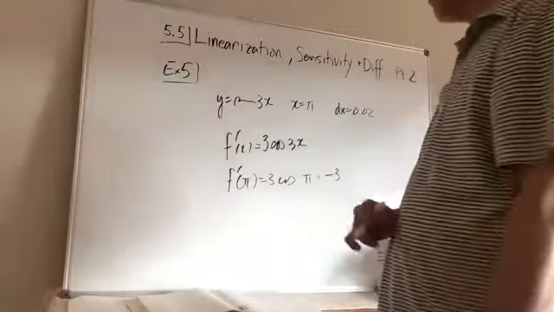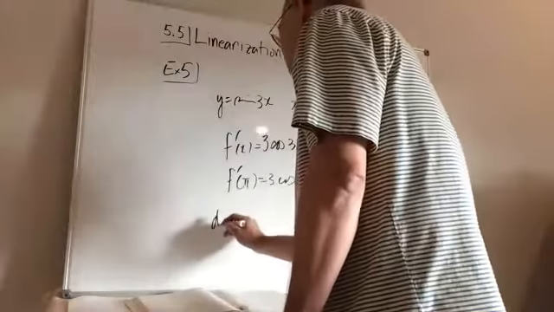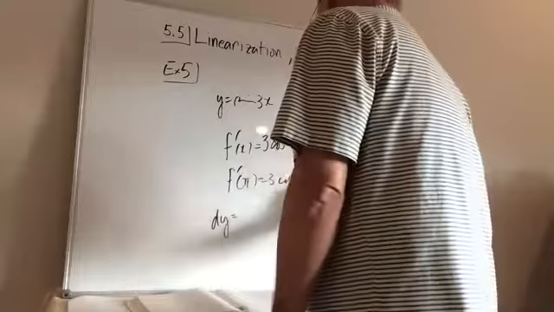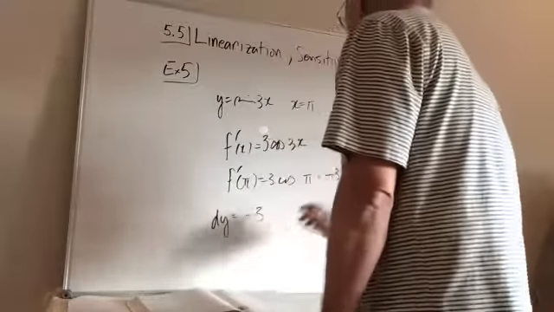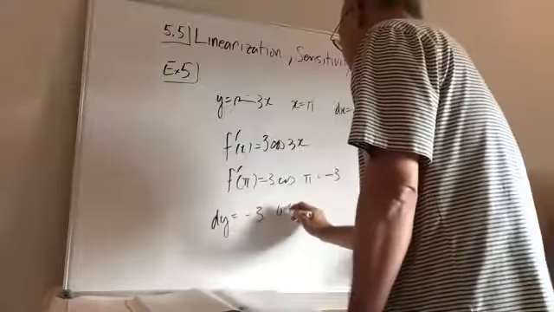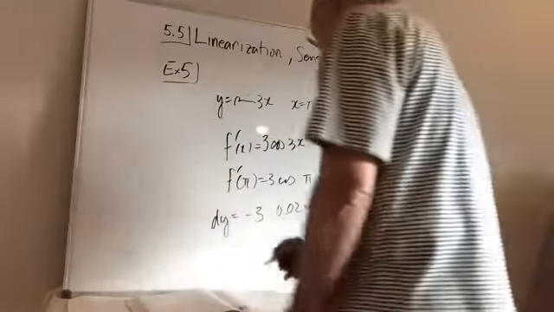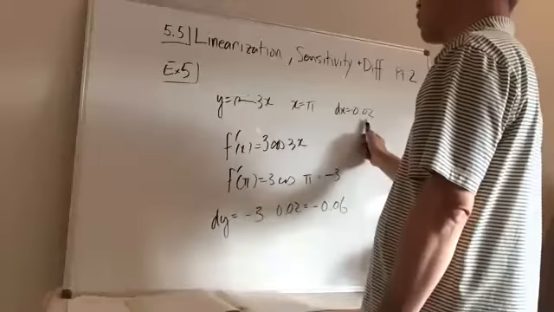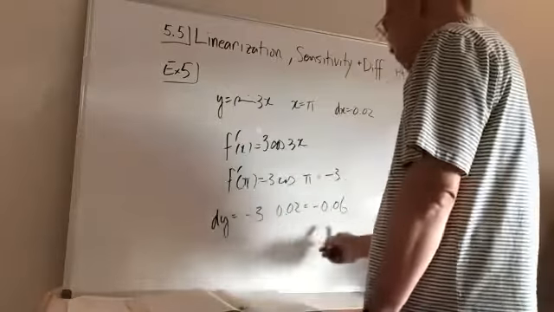So -3. So dy, the differential of y, which is what we're trying to find here, is going to be equal to -3 times dx, 0.02, which is -0.06. In other words, when x changes by 0.02, y is going to change in this manner.